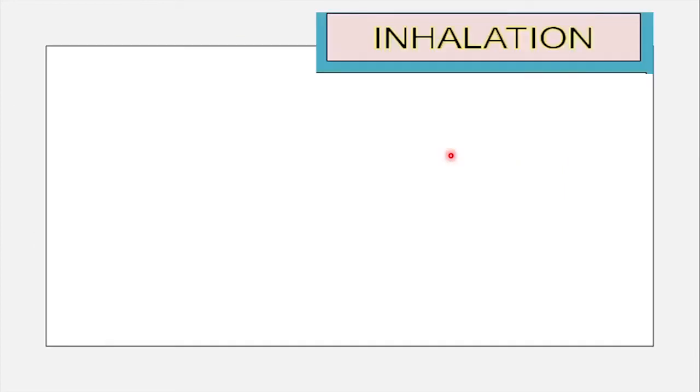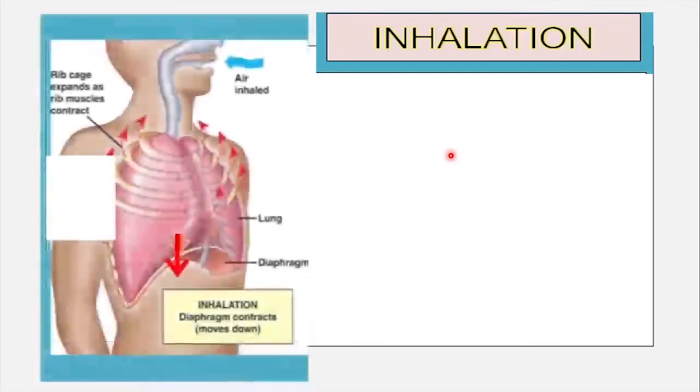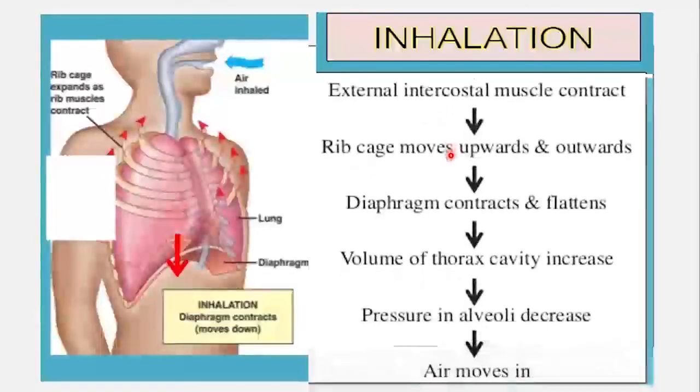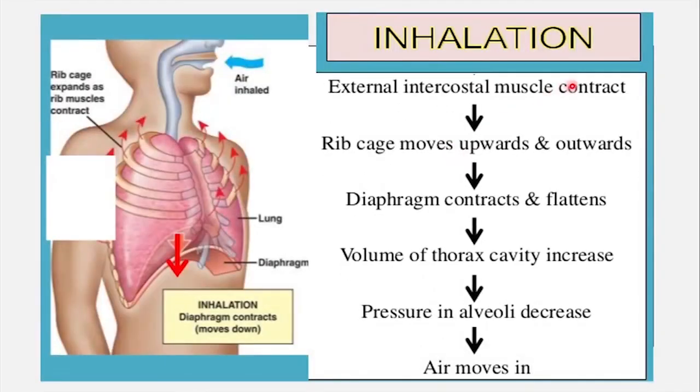Now, we'll observe the simple flow chart of inhalation or inspiration. And inspiration takes place by the contraction of the muscles. When external intercostal muscles contract, rib cage moves outwards and upwards. As a result, thoracic volume increases in dorsoventral axis. When the phrenic muscles contract, the diaphragm becomes flat.